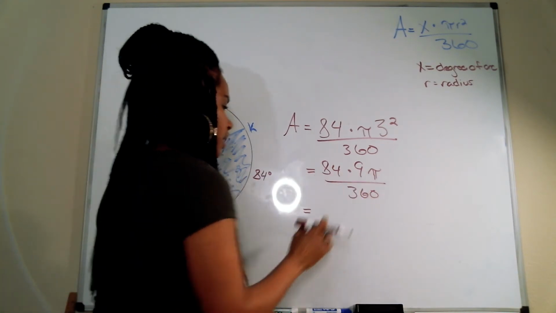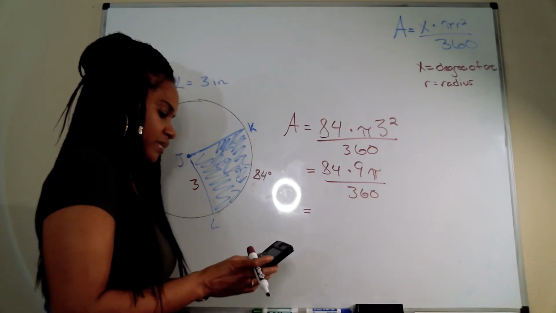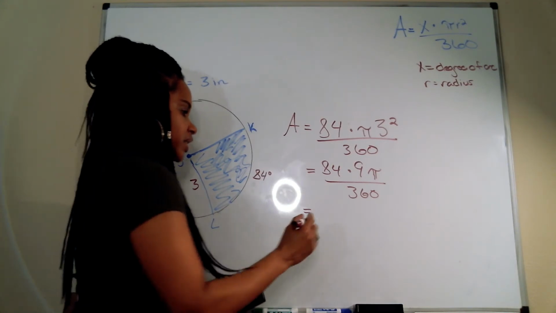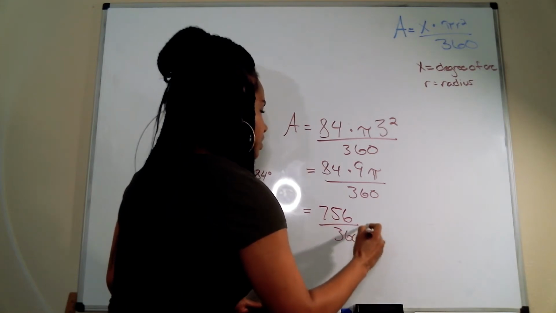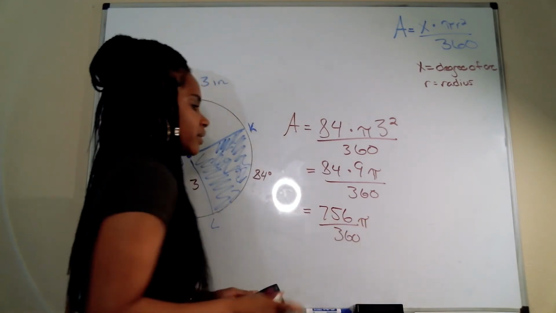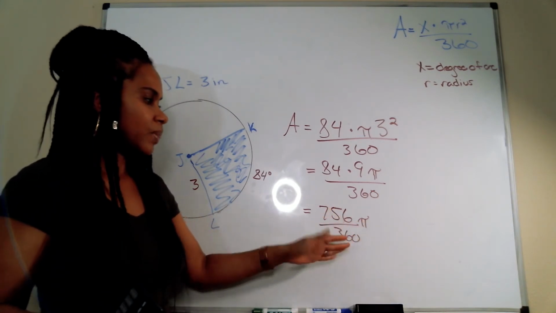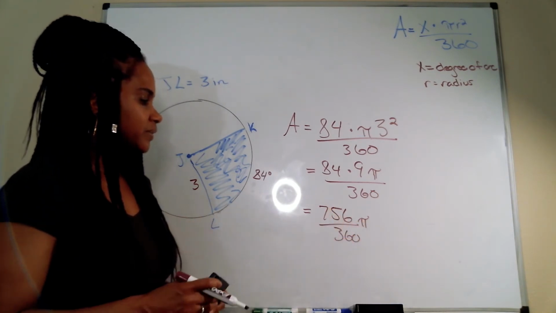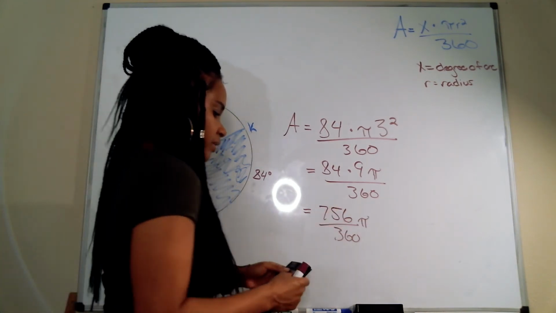So 84 times 9 is 756. We divide that by 360. All right, and of course, if you wanted to write your answer as a decimal, you would just multiply this by pi. I want to reduce this fraction. Both of them may be divisible by 36.